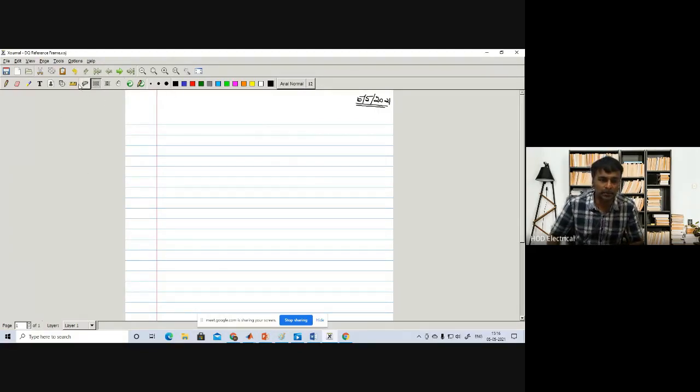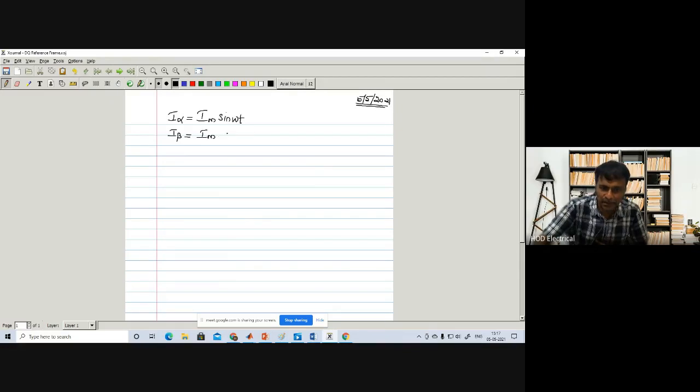Let me recall whatever we have learned already. We have written I alpha as the maximum current Im into sine omega t. Then I beta we have written as Im into cos omega t.